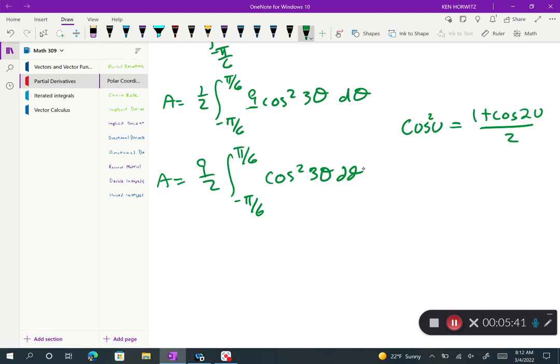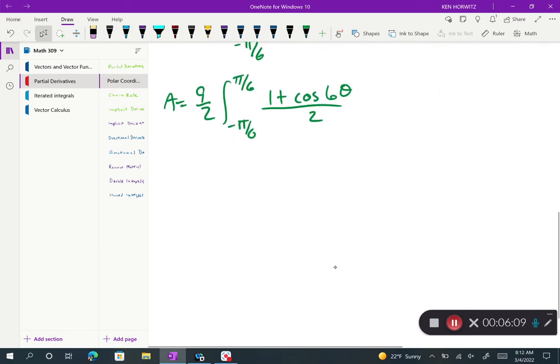So now I need to use this formula here. Area equals 9 halves, negative pi over 6 to pi over 6. And I have 1 plus cosine. Now I'm putting 3 theta in for u. So 3 theta times 2 would be 6 theta divided by 2.